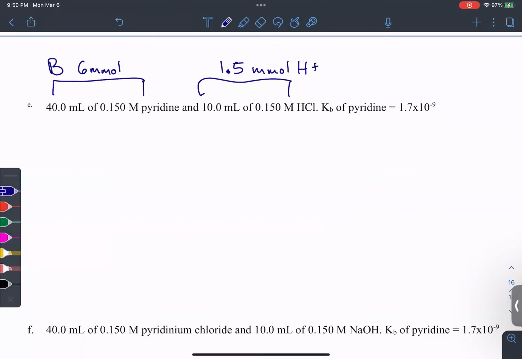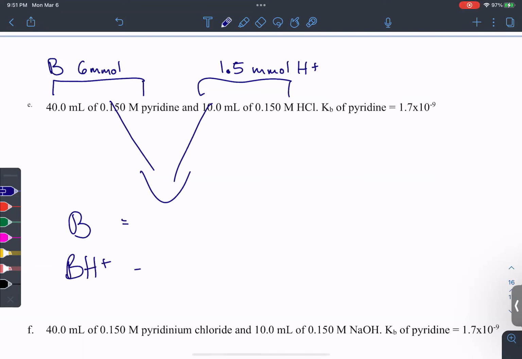So that's H+. So after the neutralization reaction, where you have your B and your conjugate acid, how much base do you have? 4.5 millimoles. And then how much conjugate acid did you make in the beaker after adding the strong acid? 1.5. So these are the numbers you put into the Henderson-Hasselbalch.